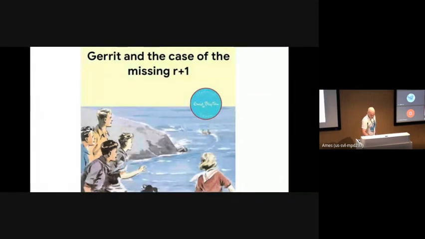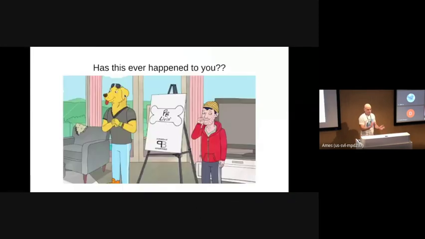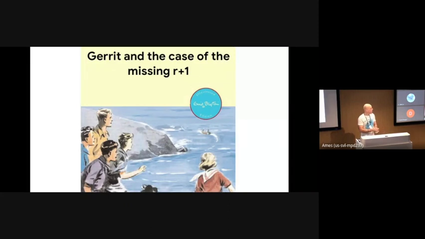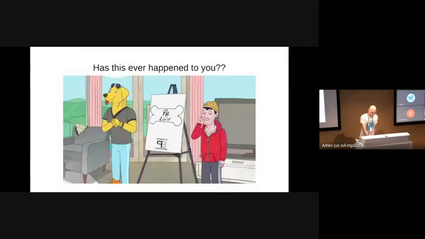Okay, and Ron. Oh, yeah, so hi, I'm Yoav, and I wanted to talk to you all about Gerrit in the case of the missing R+1. Basically, has this ever happened to you? You work on a CL that is complex and requires multiple reviewers in multiple time zones. Then they provide feedback. You address that feedback.